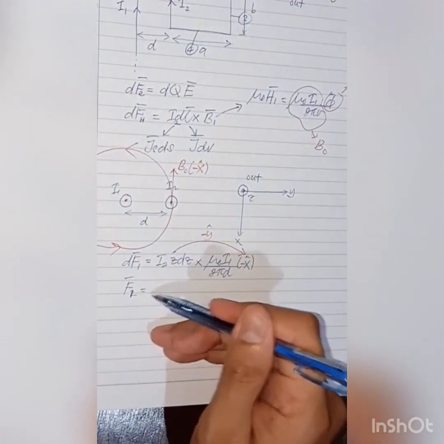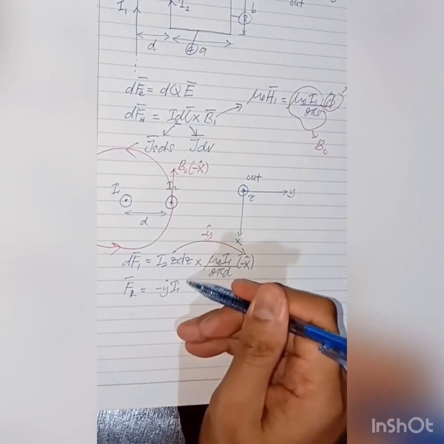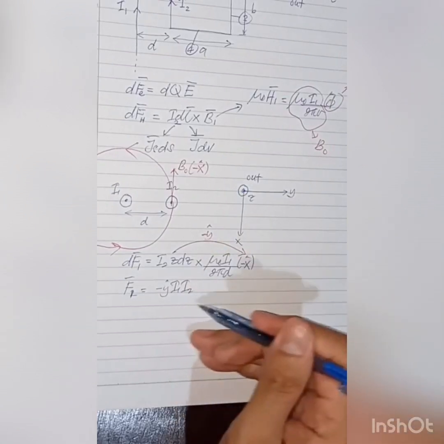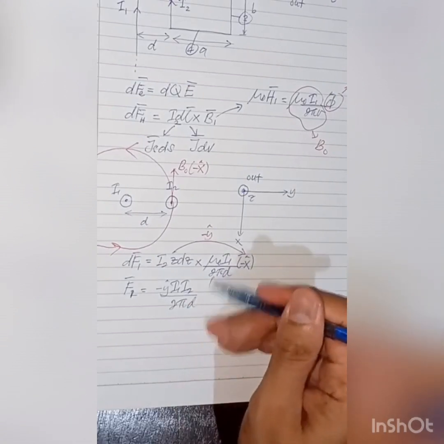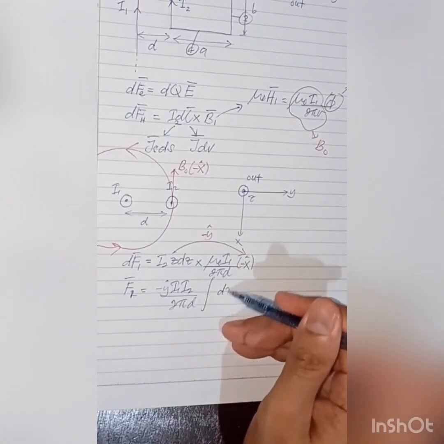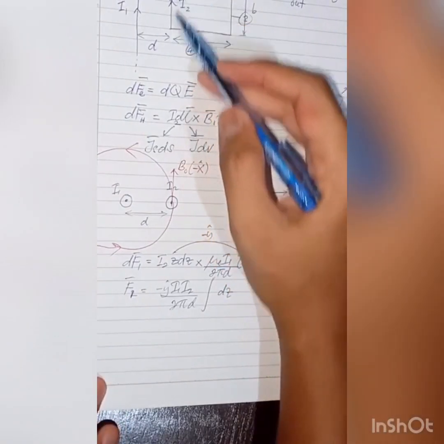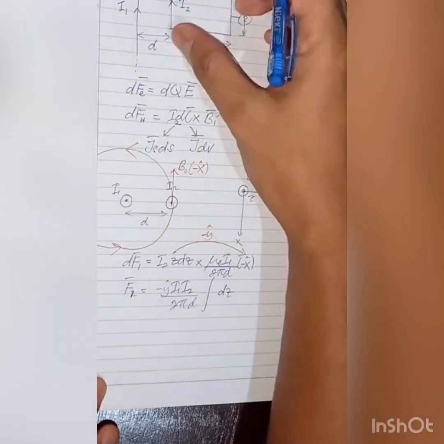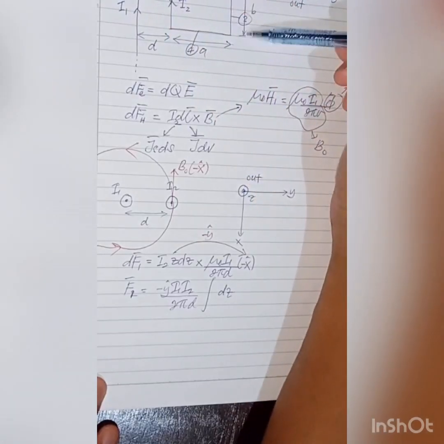I can have here negative y, I1 I2 over 2 pi d, integrate dz. Now guys, you can look at this sample, this current element, the I2, or for this path length, actually has a limit from 0 to b, right?